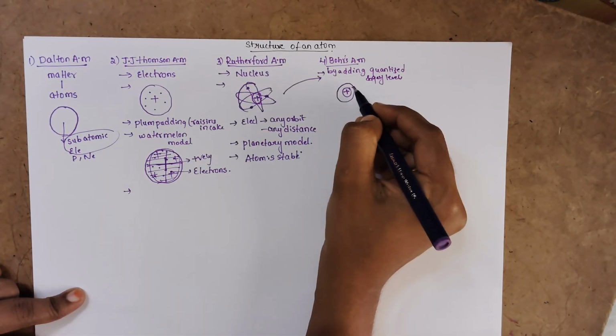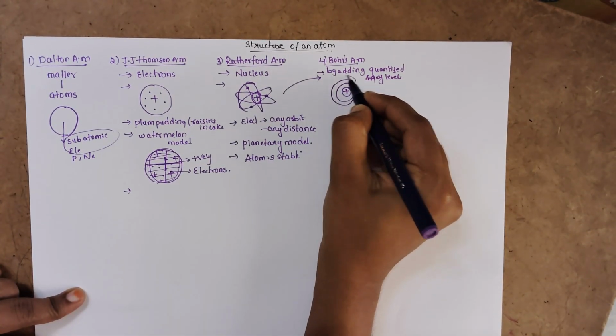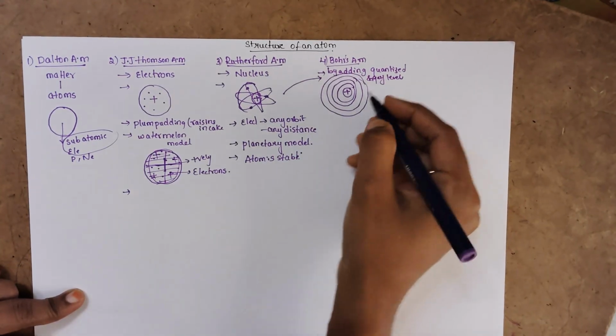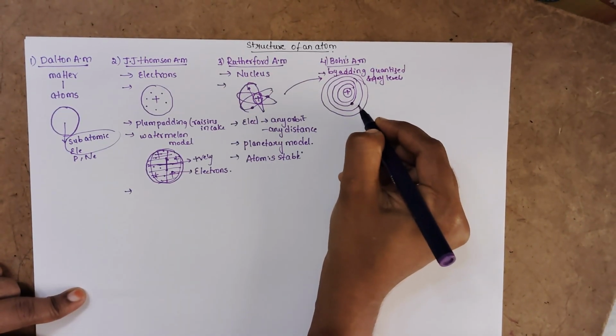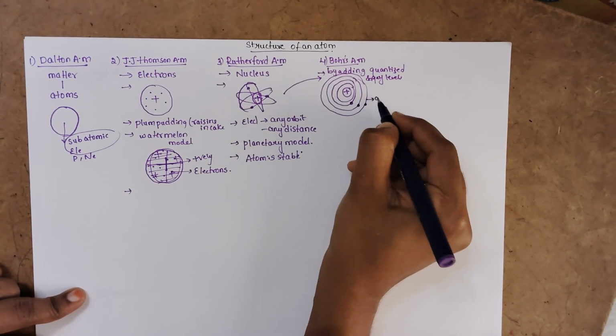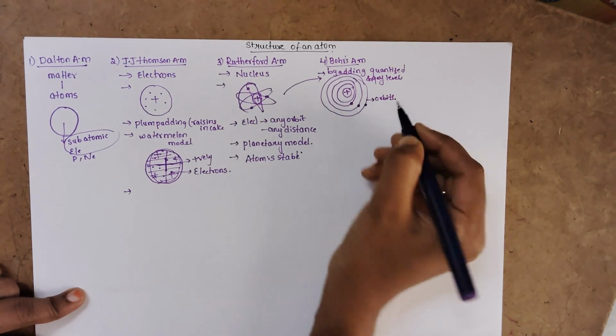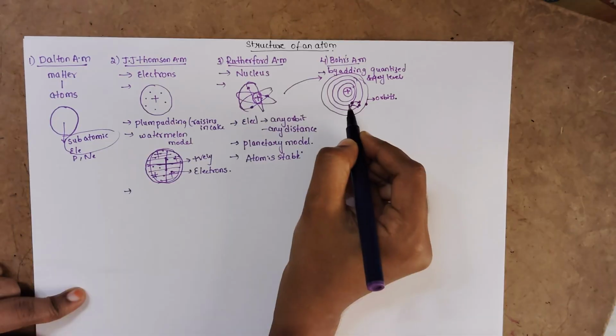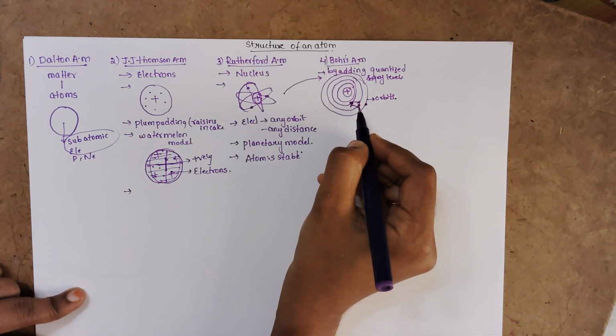It consists of a positively charged nucleus and the energy shells are present here. Here the electrons are present only in these particular orbits. These are called orbits. Here the electron jumps from one energy level to another energy level. This is the ground state and this is the excited state.